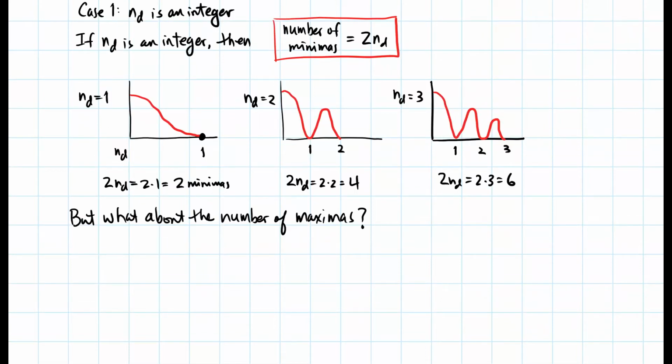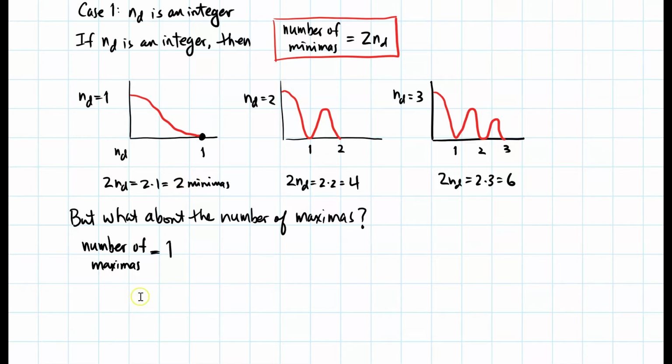But what about the number of maximas? So note that if I have 2 minimas, I only have one central max. And if I look at ND equals to 2, note that I got the center, and then I got 2 on both sides, so I got 3. So if I look at ND equal to 1, and I ask what is the number of maximas, you could see that I only have one peak here, and it's 1 less than the minimas.